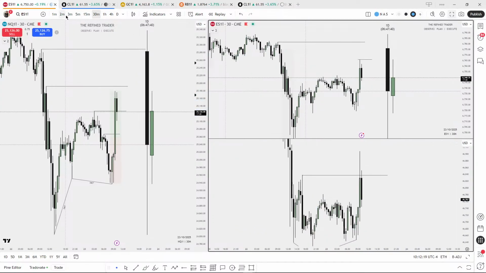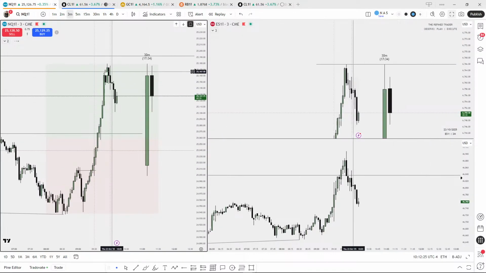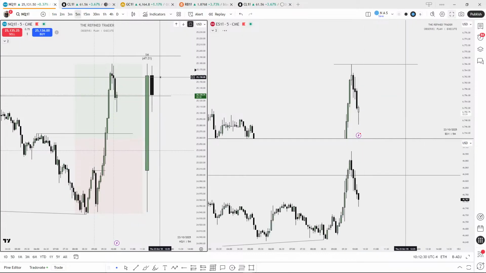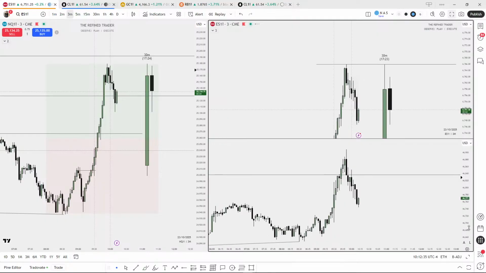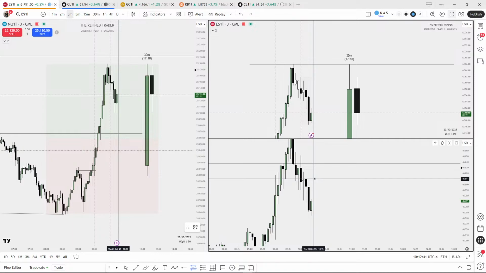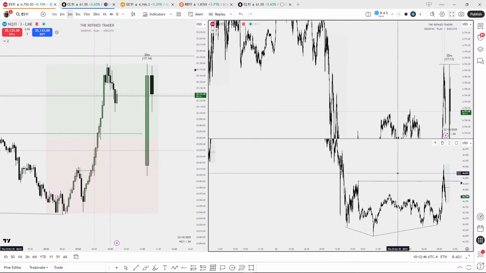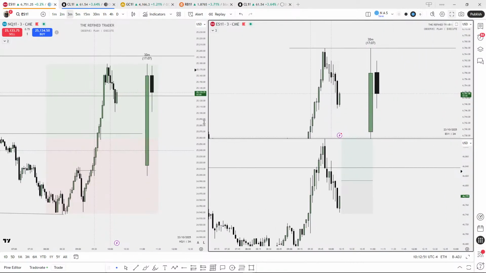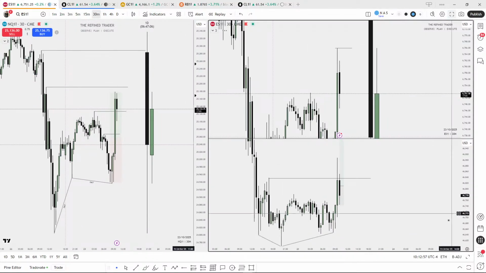Which means I gotta be watching what's going on in ES and NQ, and I gotta be prepared to execute. All right, get that deeper retracement. YM also looks clean. 3-minute, let's try to frame the idea again on other assets.